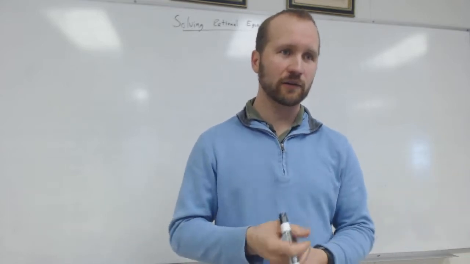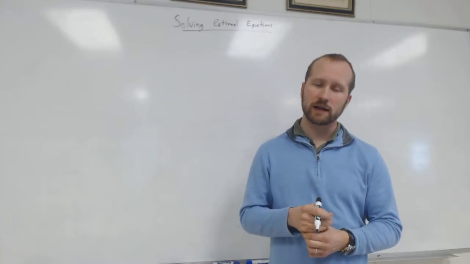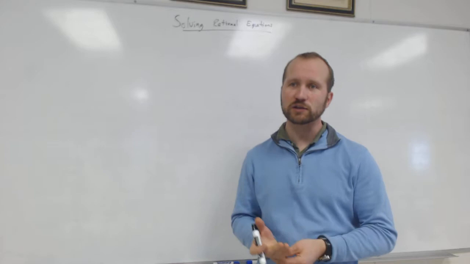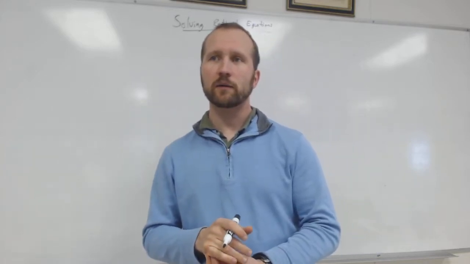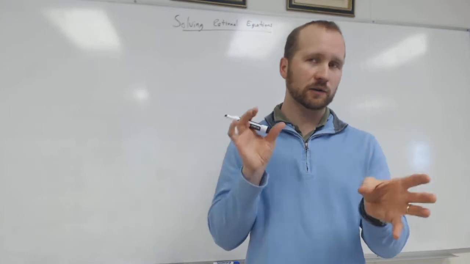What's an equation have? An equation has an equal sign. Right, exactly. So we're going to start today looking at equations, where both sides of the equation typically are rational expressions.